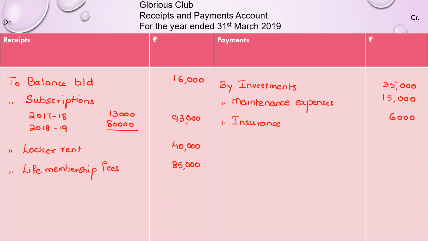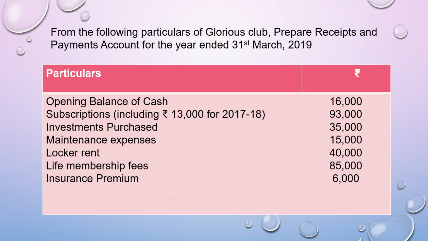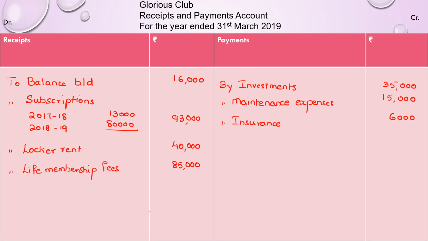Now that's it. We have put all these items, we have bifurcated them into the receipts and the payments here. Now we will close this account. We have to find which side total is more. So you total the debit side, it comes to 2,34,000. And if we total the credit side, we find it is much lesser.